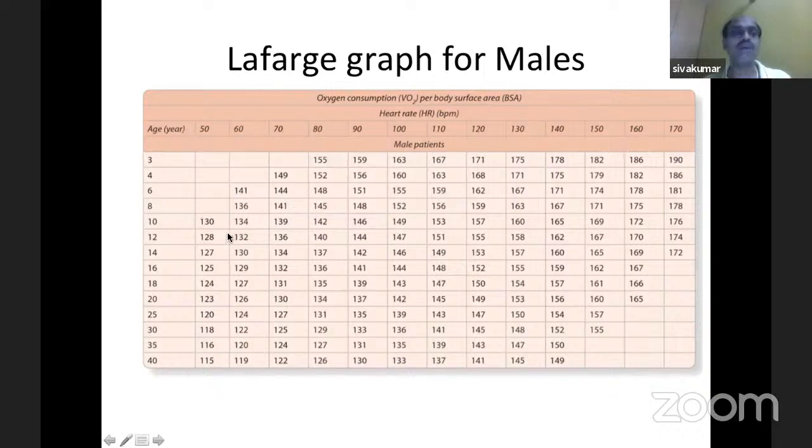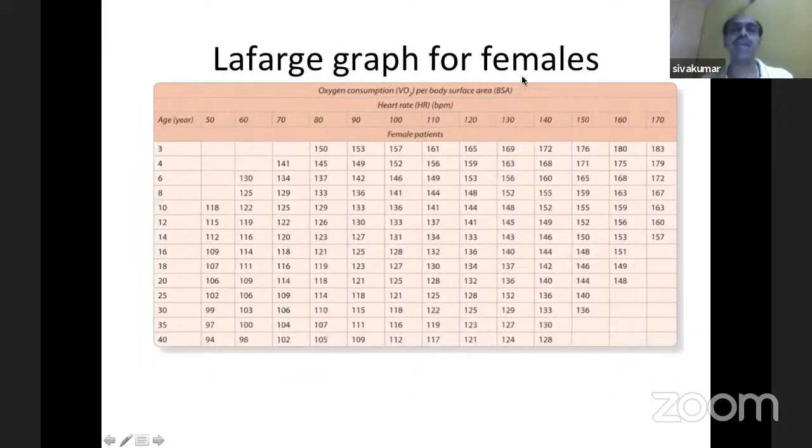And with age, it keeps reducing if the age is higher and keeps increasing if the age is lower. Lafarge and Mittinen found this in patients aged 3 to 40 at various heart rates. Similarly, they plotted another graph for females, again 3 to 40 years of age at varying heart rates.